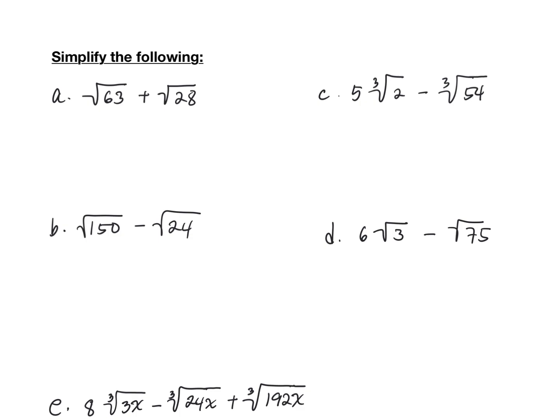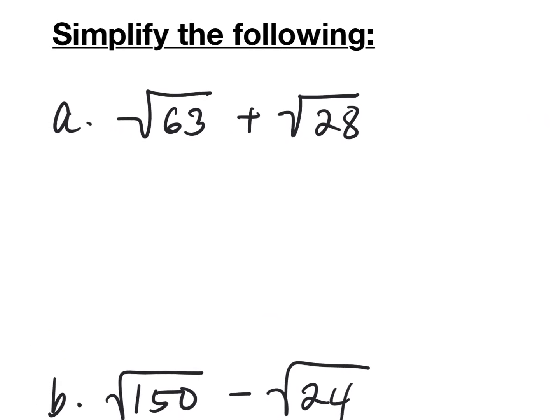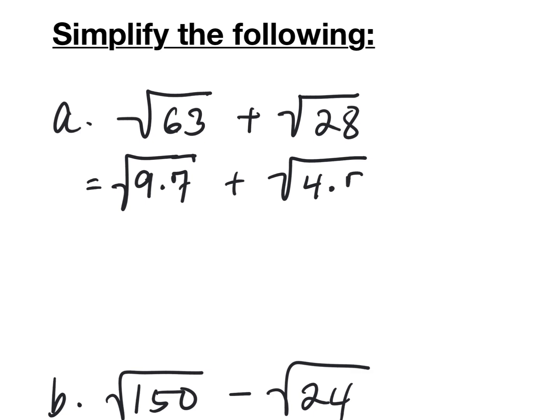Simplify the following. Let's look at letter A in here. Root of 63 plus root of 28. So we're going to look at it this way. 63 can be written as 9 times 7, and the other one, 28, can also be written as 4 times 7.